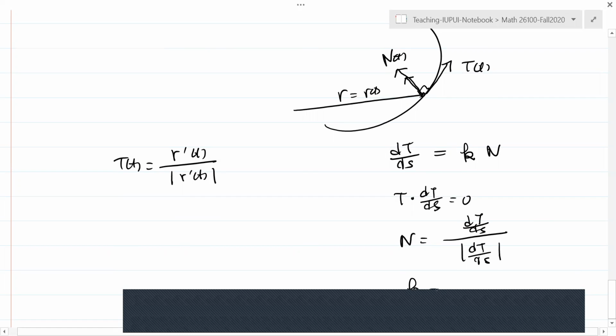This k is just the length of the derivative of the tangent vector with respect to the arc length, and that really tells you how curved this curve is at that particular point. If it's very flat, this could be almost equal to 0.